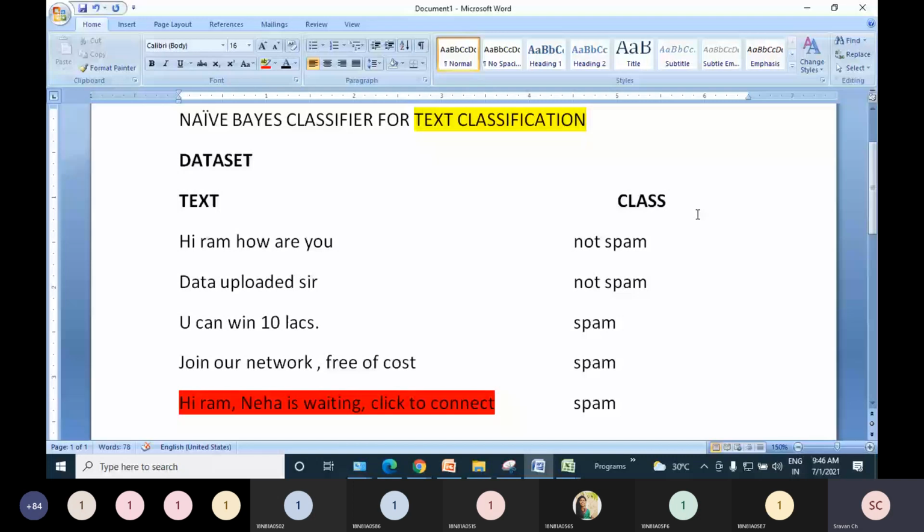In order to construct that Naive Bayes optimal classifier for text classification, you can even say spam filtering, this example can also be called spam filtering. Now if you look at the data set, our data set is a little different from the previous data sets which we have used. In the previous data sets, friends, there were attributes which used to take some standard values.